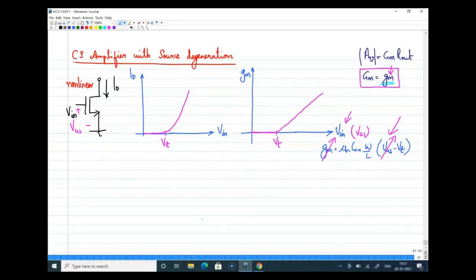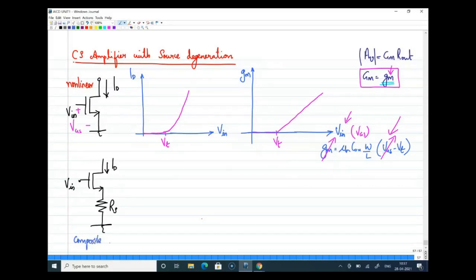Now variation in GM will definitely affect the gain, that we understood. Now, instead of using a single MOSFET here, what is the difference if I'm adding a component at the source of the MOSFET? I'm calling it RS, say this is Vin, and this is having a current ID. So instead of using a single MOSFET, I'm now using what I call a composite device.